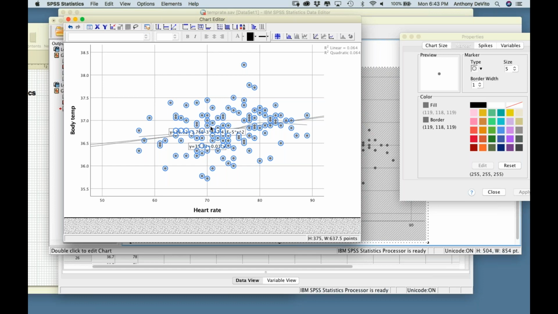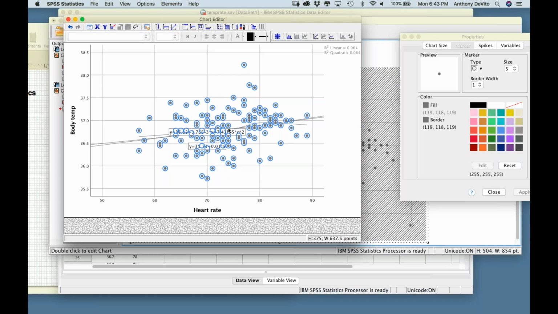This line is intended to predict a person's heart rate based on what their body temperature would be. So the dots that fall on this line are almost perfectly predicted by the formula that represents this line. All the ones that are above it and below it, that distance from this line is the amount of error between the actual value and what that line would predict their heart rate is based on their body temperature.